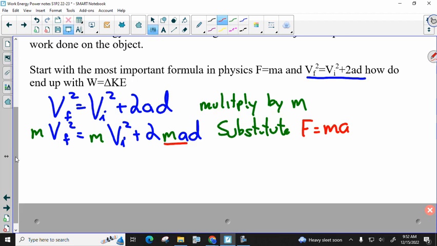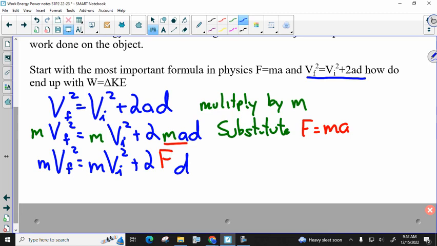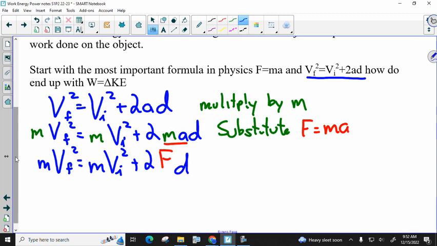Because I have an m times a, I'm going to make that an F. So now I'm going to have m Vf squared equals m Vi squared plus 2 F d. Okay, so all I did was substitute F in for the ma, because F equals ma.